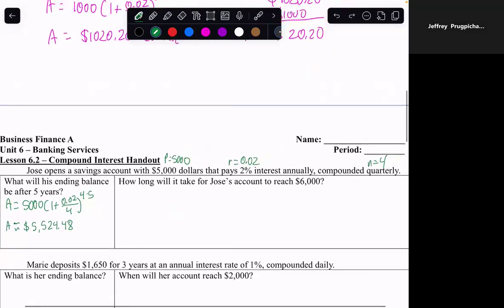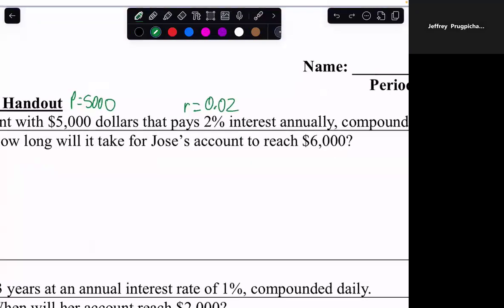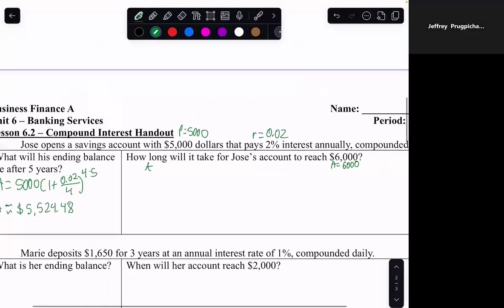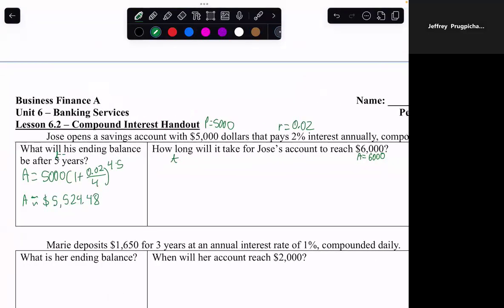Okay, but then we have a second question for this situation. How long will it take for Jose's account to reach $6,000? Here I'm telling you the final balance, and the question is how long, meaning how much time. So the unknown is now t. t is no longer 5 like it was over here.